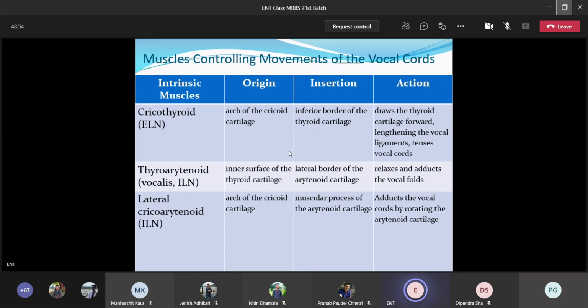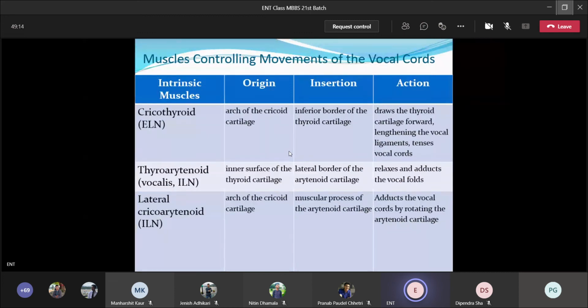And thyroarytenoid muscles: the origin is the inner surface of the thyroid cartilage. Insertion is the lateral border of the arytenoid cartilage, and the action is to relax and adduct the vocal folds.